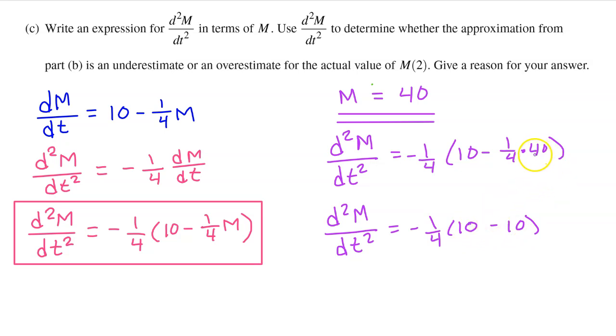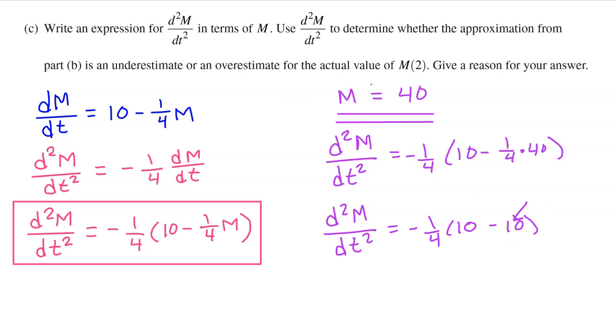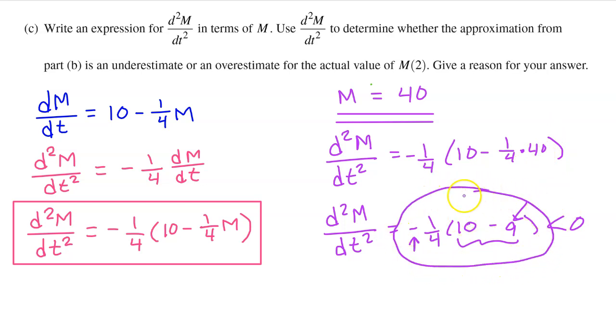So if m is anything smaller than 40, then this number right here is going to be something smaller than 10. So for example, imagine that this was a 9. In that case, we would have 10 minus 9, which is a positive number, but then we have this negative 1/4 in the front, which makes it negative again. So if m is anything less than 40, this expression is going to be less than 0.